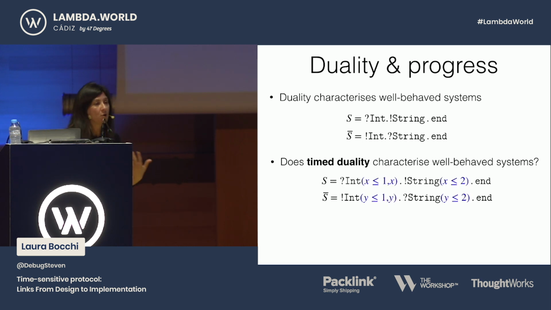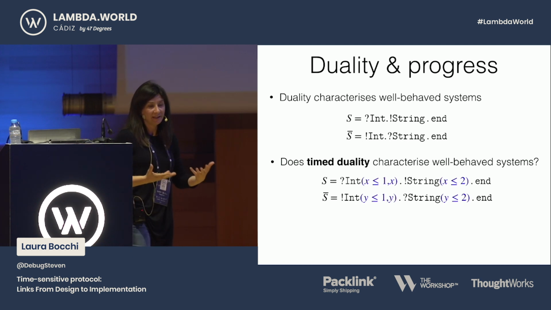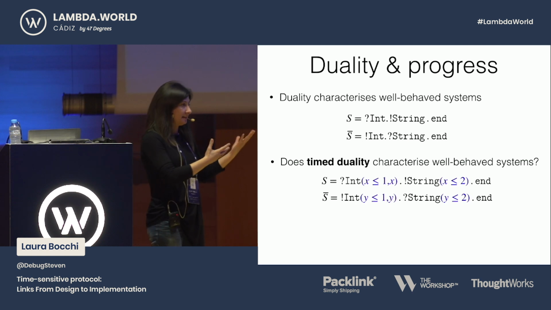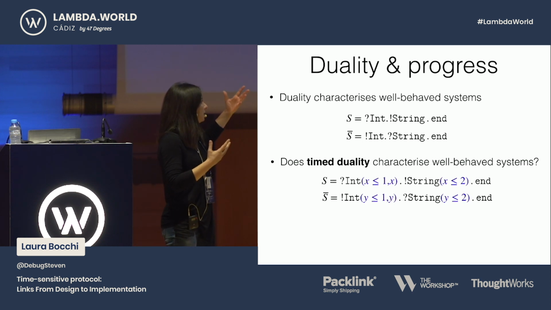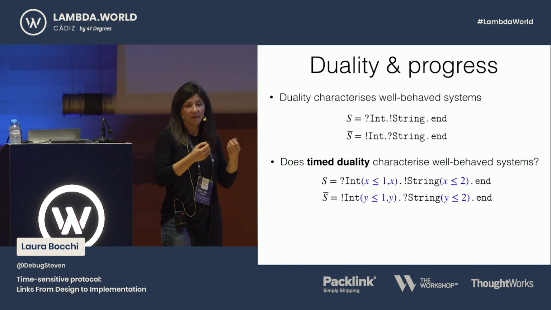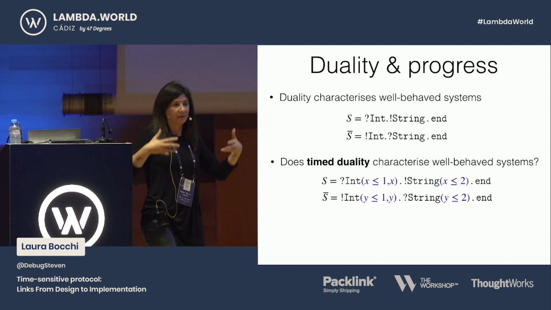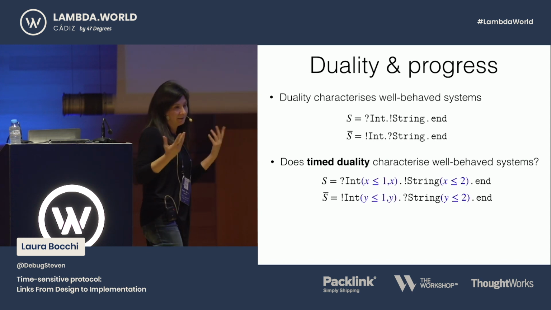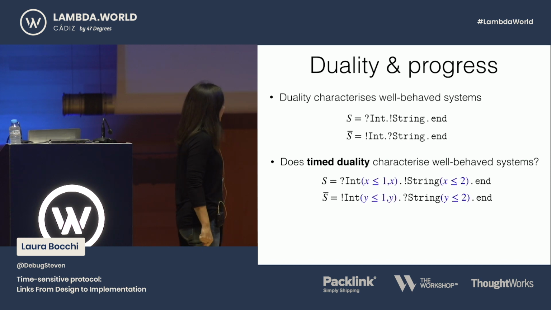Now we want to define a notion of timed asynchronous duality that gives us the same as untimed duality. And this is a very nice notion of compatibility because it's very easy to derive. You just take a type, copy and paste, and just reverse the order of the interactions.